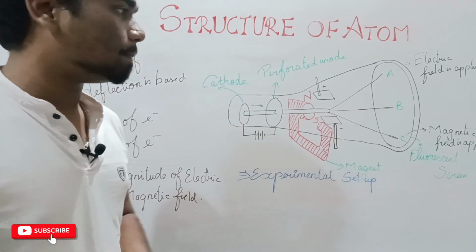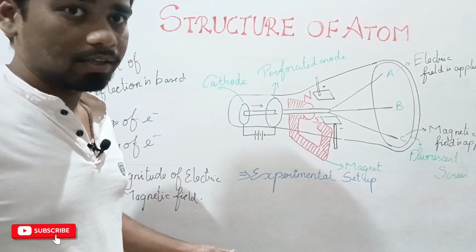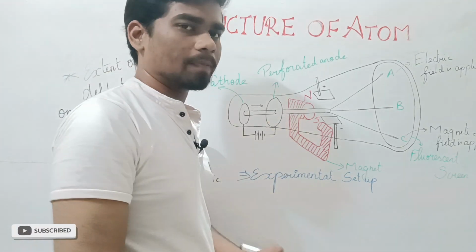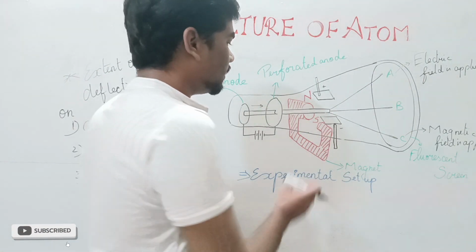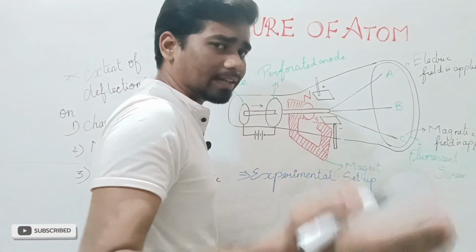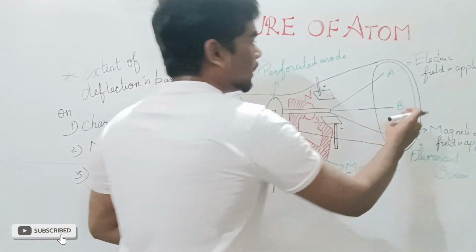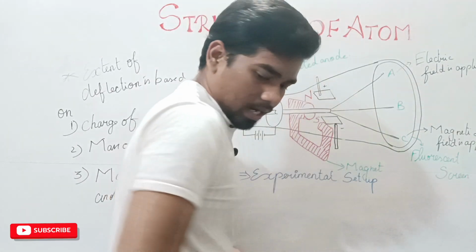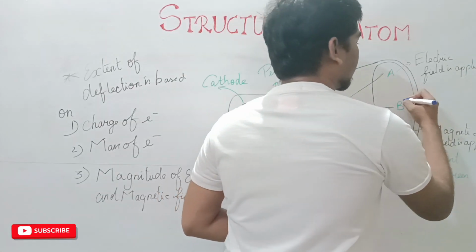Here the point B means when the electric and magnetic fields are equally produced, or when there is no electric or magnetic field, the cathode rays will move in a straight line. That is the characteristic of the cathode rays. They always move in a straight line and they will hit at the point B. I will write that conclusion in a different color so that you won't get confused.